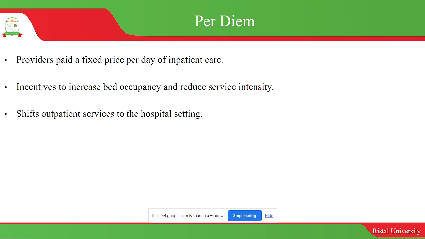The benefit is that it allows the hospital to have increased bed occupancy and reduced service intensity. So it shifts outpatient services to a hospital setting where you have inpatients.